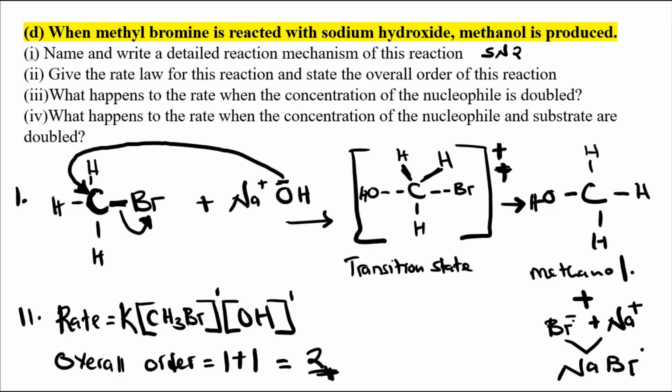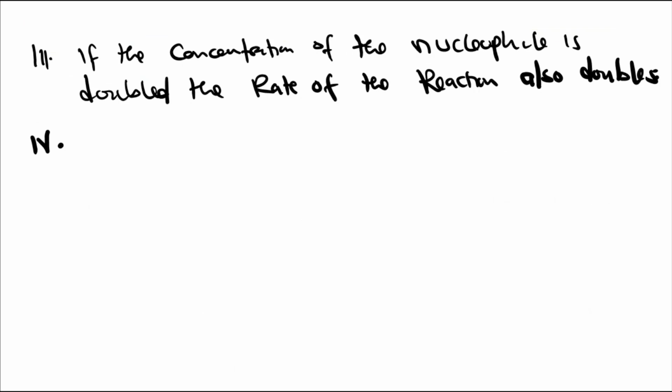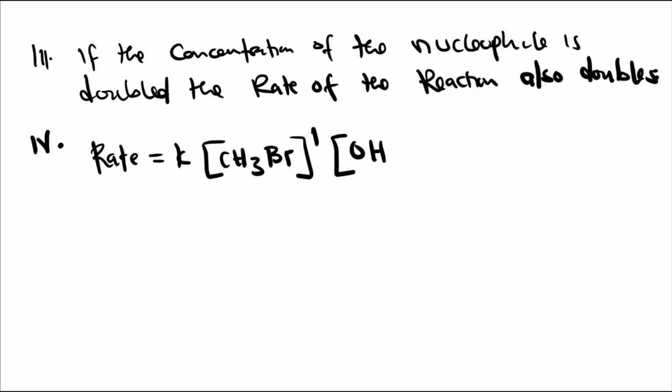Number 4, what happens to the rate when the concentration of the nucleophile and the substrate are doubled? So if the rate law is like this, we know that methyl bromide had subscript 1 and also the nucleophile had subscript 1. So if you double both of them, it means that this will be 2 and this one will be 2. So it will be 4 times.